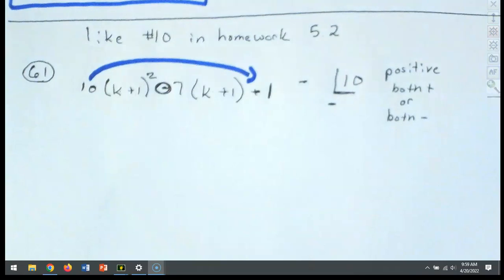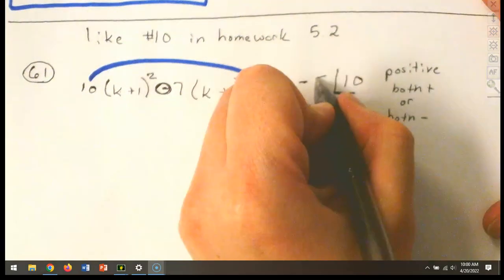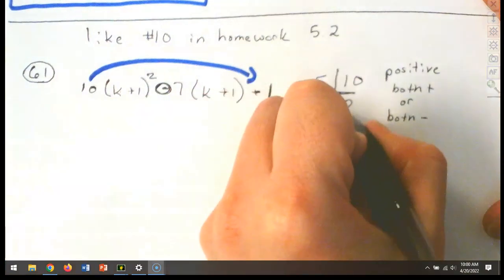Okay. We should be able to see it pretty quickly. 10 ends in a 0, right? So that means we can try multiples of 5, or maybe 10 itself. What if we use 5? 5 is 5 and 2, and 5 plus 2 gives you then what? 7. Is that what we need? Yep. Okay, so what are we going to use? Minus 5 and a what?